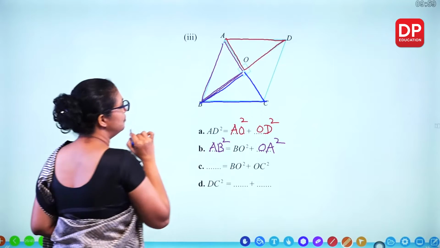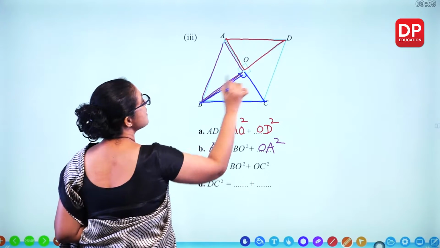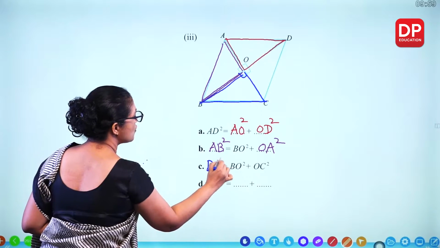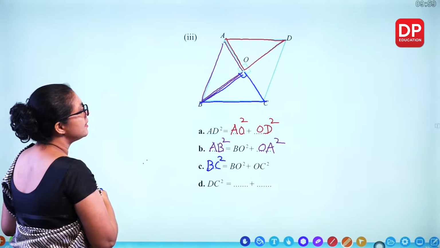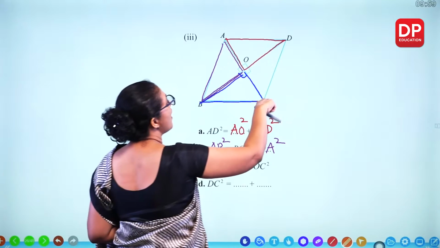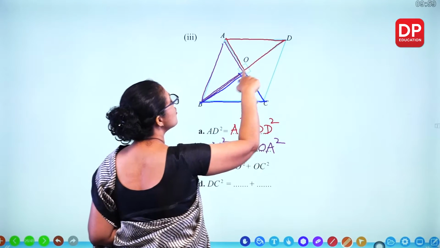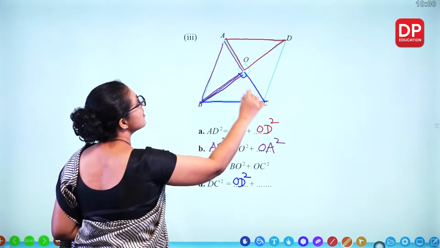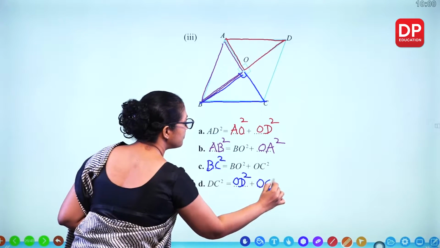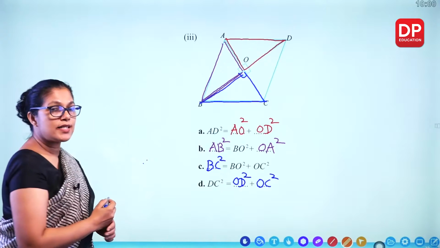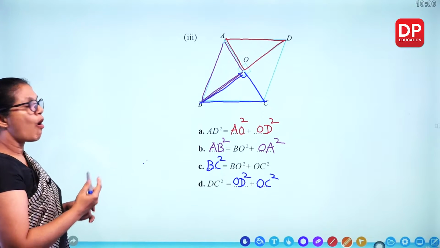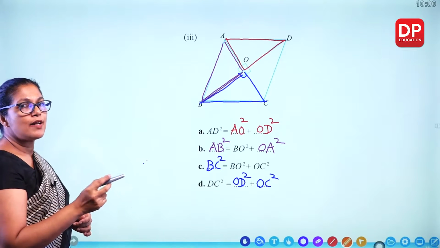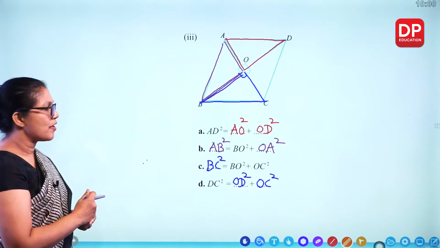Now this triangle. This is 90 degrees. So what's that? BC squared. Then DC squared. DC squared is equal to OD squared plus OC squared. So when you get a right angle triangle, always find the hypotenuse and then decide whether it's addition or subtraction.